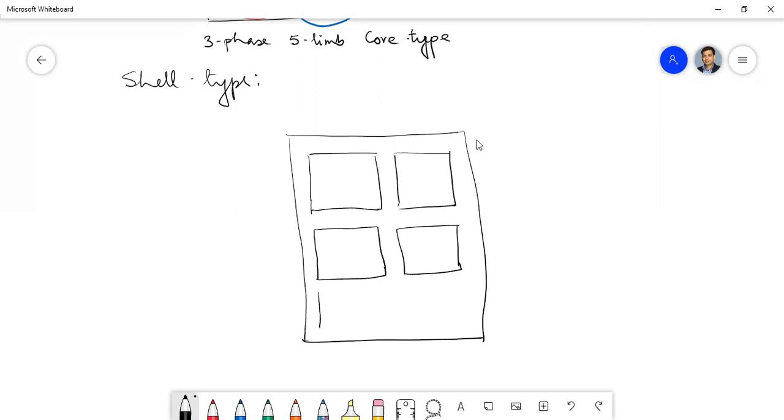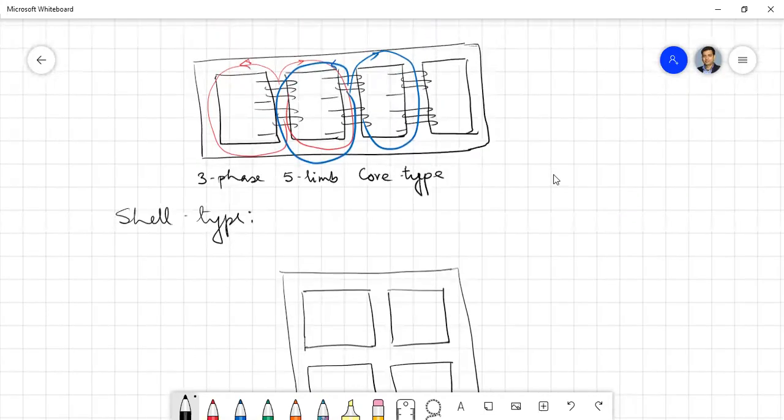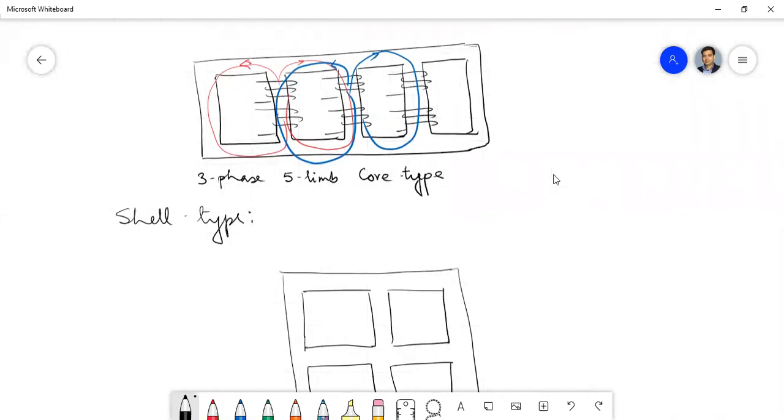From the flux point of view, the magnetizing currents are almost balanced for these three phases. The disadvantage is that it needs more iron for this 5-limb core type, and there is one more disadvantage from the harmonics point of view. I will discuss all these advantages and disadvantages in due course.